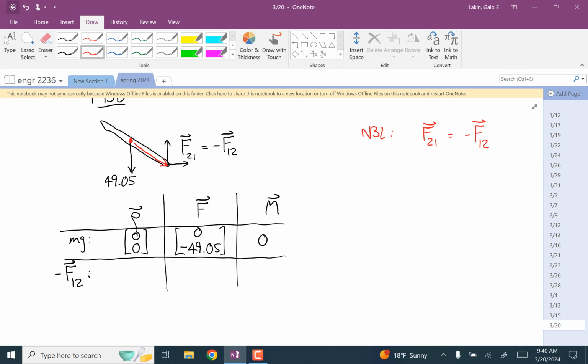And so this vector is going to be the length from here to here, which is 0.5, times cosine and sine of negative 45. Okay. So this is positive 0.3535, negative 0.3535.